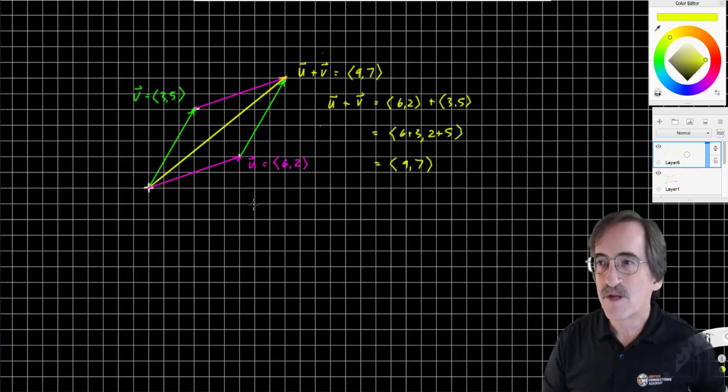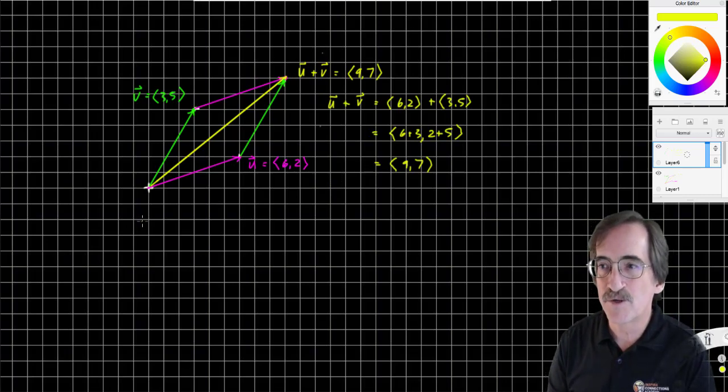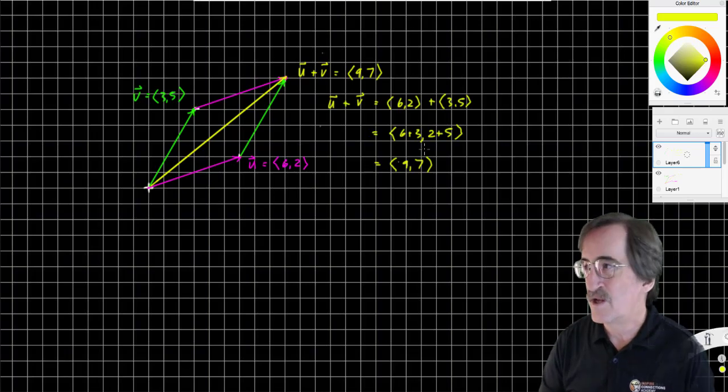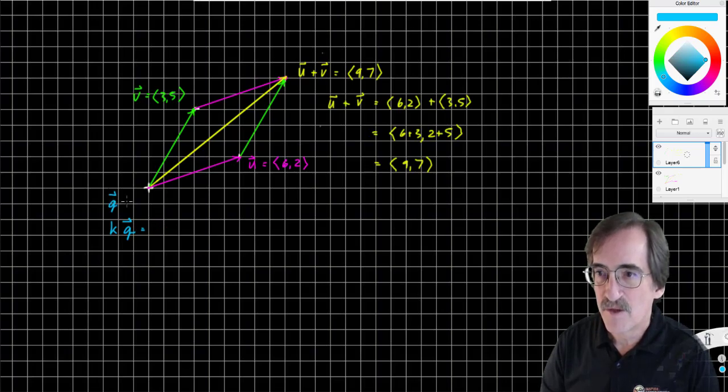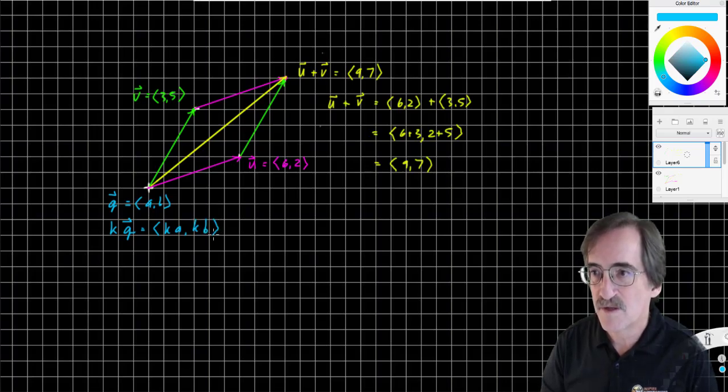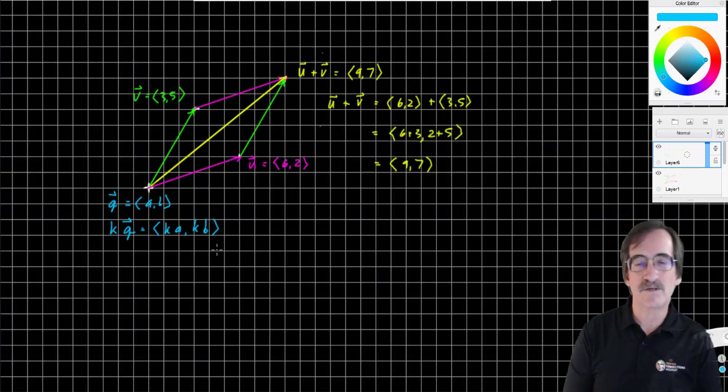Okay. Now we can apply this to all kinds of things. So we can do scalar multiplication, in which, and I'll just give you the rule, if I have k times vector q, and vector q happens to be vector AB, then the scalar multiple is just k times A, k times B. It just makes it k times bigger.